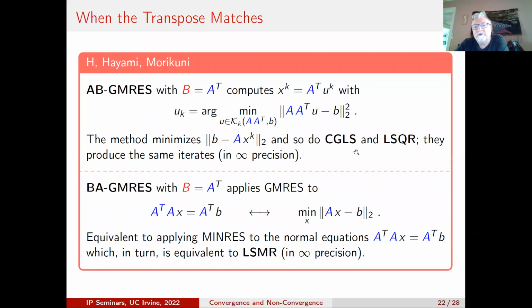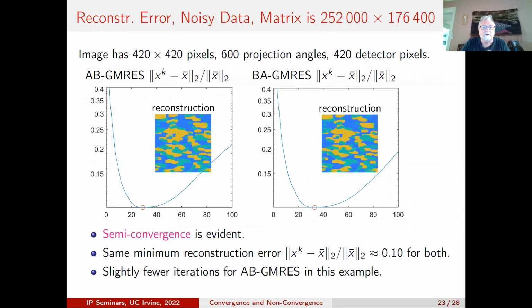Okay, so in infinite precision, they will produce the same iterates. And the same thing here with BA GMRES. If you have actually a matching transpose, then this method here is mathematically equivalent to a method called LSMR, right? Again, in infinite precision. So that's very nice to have this theory, but let's move on to some computational results here.